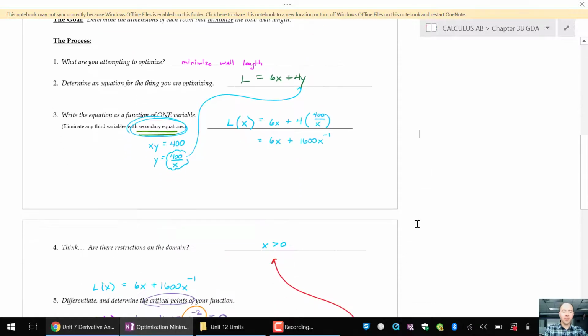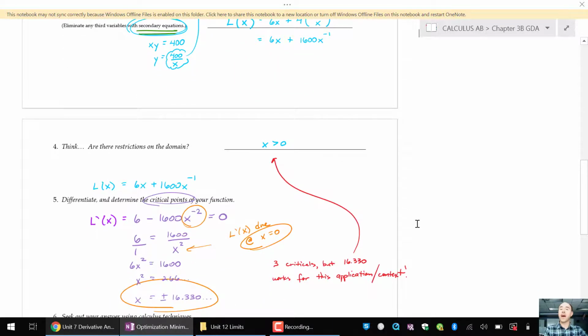So let's find the derivative and set that derivative equal to 0. Let's take a look here. The derivative would be 6 minus 1600x to the negative second. And here's my algebra where I'm setting it equal to 0 and solving. Notice, though, that I have an x critical point where the derivative L prime does not exist, and that happens when x equals 0.